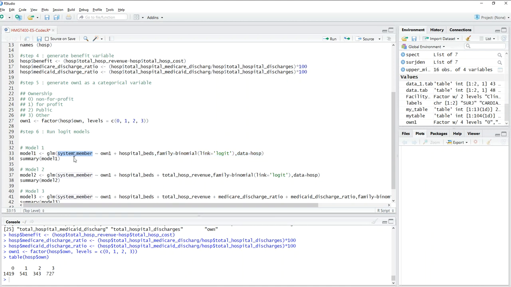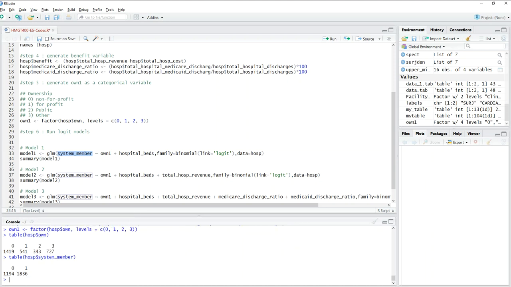The system member is a categorical variable. Look at this: 0 and 1. 0 is non-membership, and 1 is membership. Usually when we are using a categorical variable, the 0 is considered the reference group. So let's run this model.